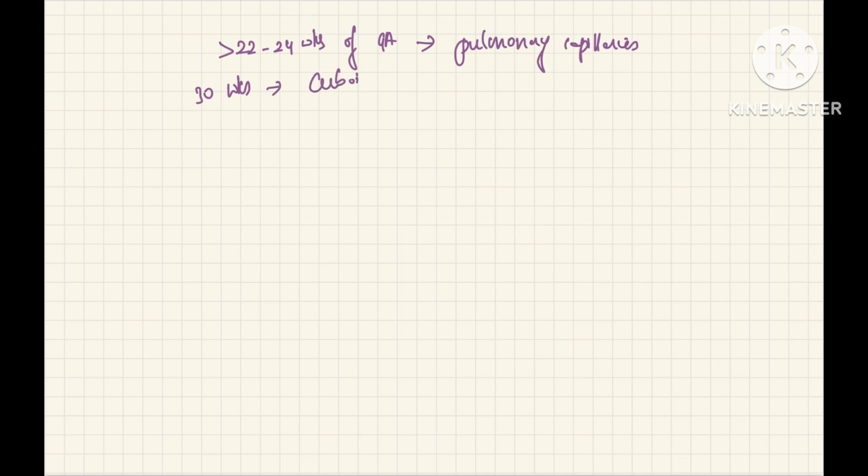So surfactant formation starts at 30 weeks of gestational age. At more than 34 weeks of gestational age, there will be sufficient pulmonary surfactant.